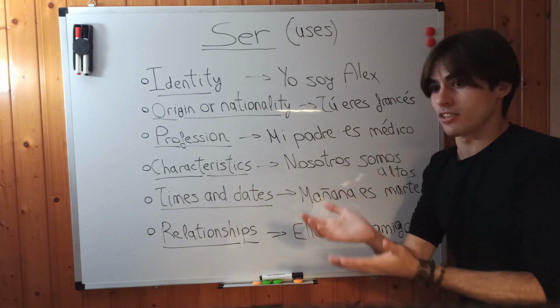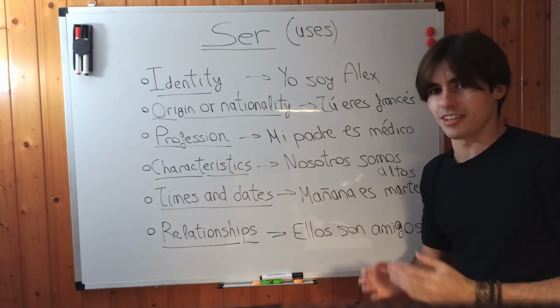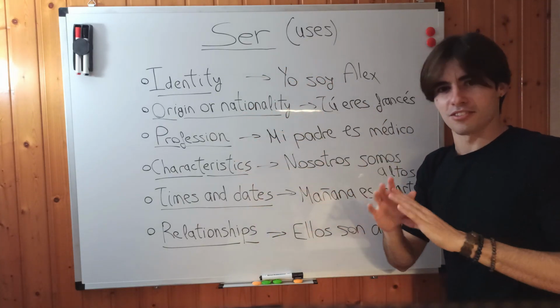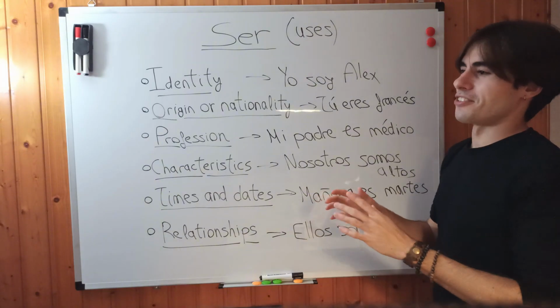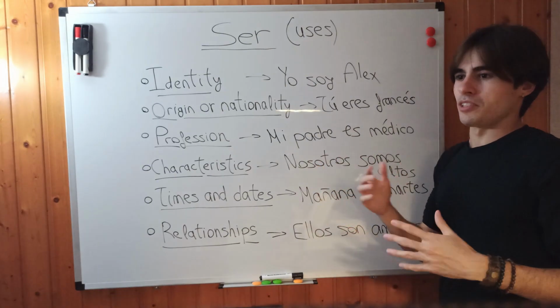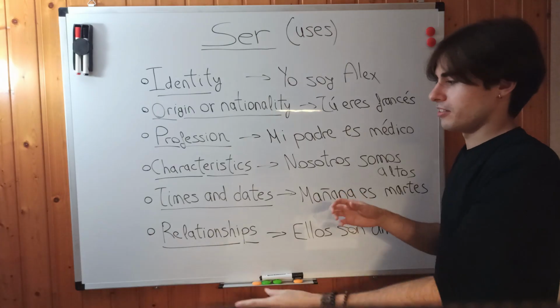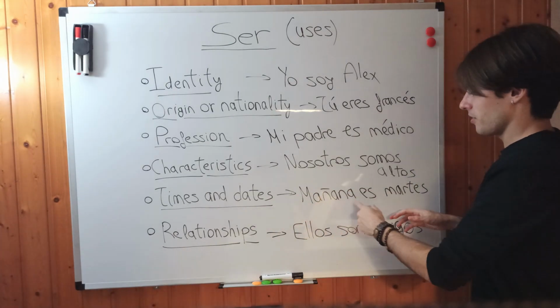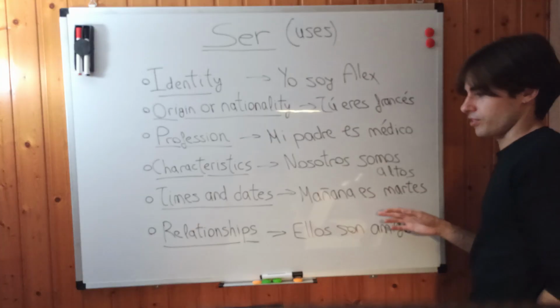It's because it is. It is my birthday, and that's the end of discussion. It's not temporary. It's just a date, and it's my birthday. So mañana es martes. Tomorrow is Tuesday.